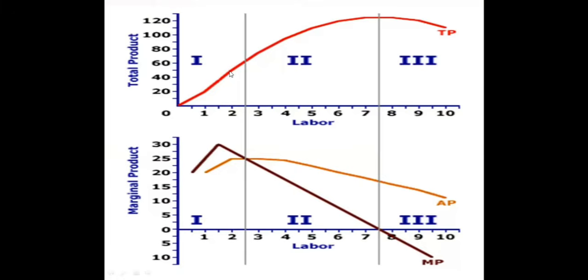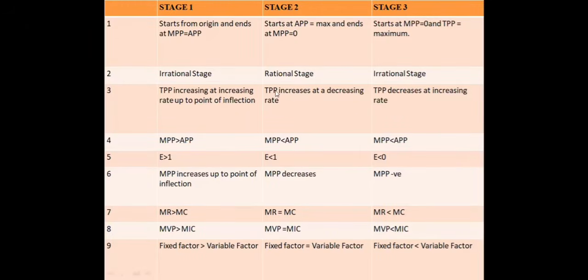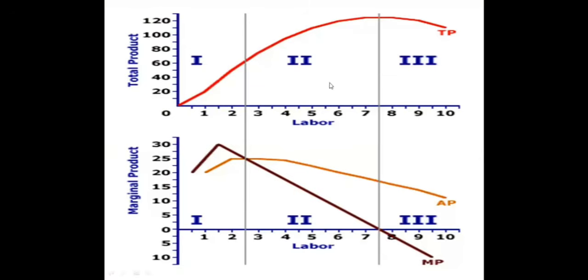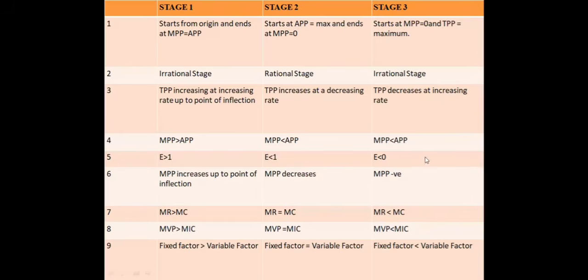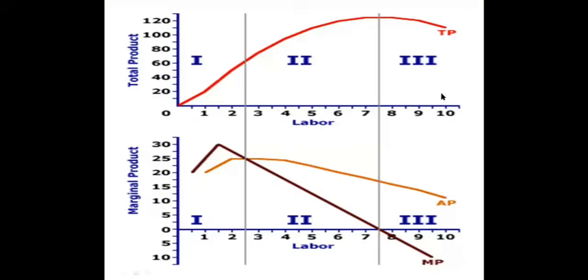Afterwards, it will increase but at a decreasing rate. In stage 2, TPP increases but at a decreasing rate, up to the maximum point after the inflection point. Then in stage 3, TPP declines at an increasing rate, right? Up to this, I think everyone understood this concept.